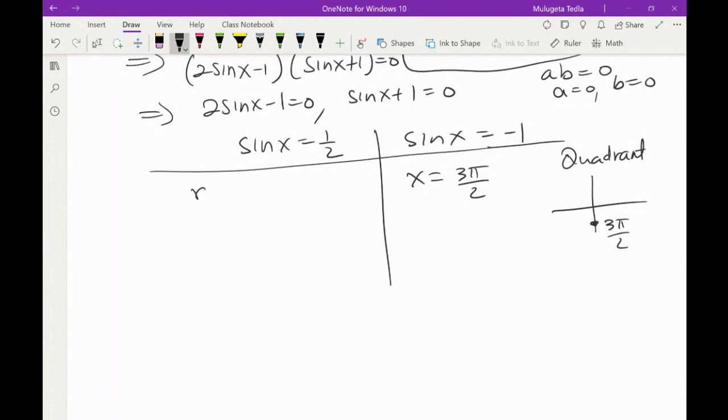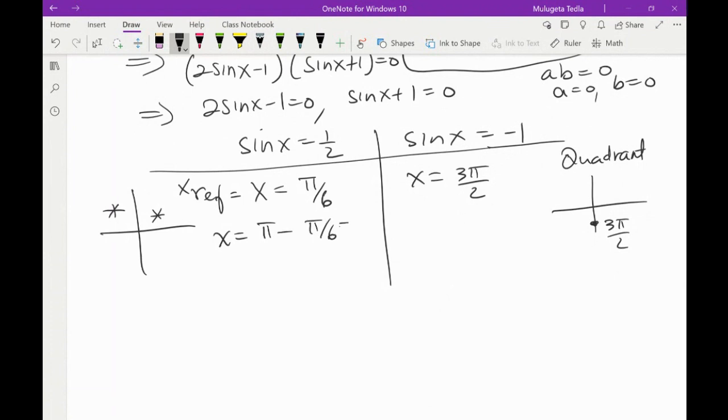For the other one, the reference angle is equal to x, because sine is positive in the first and second quadrants. On the first quadrant, the reference angle is itself. When is sine equal to 1/2? It's 30 degrees, which is pi by 6. So what is the second quadrant angle? x is pi minus your reference angle.